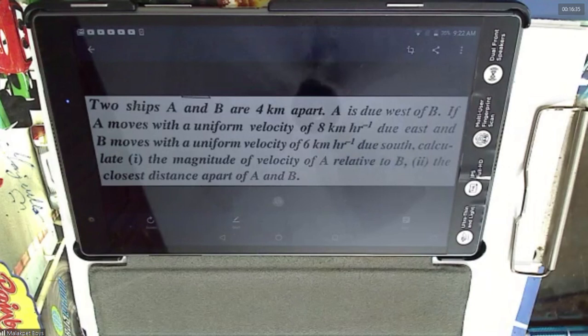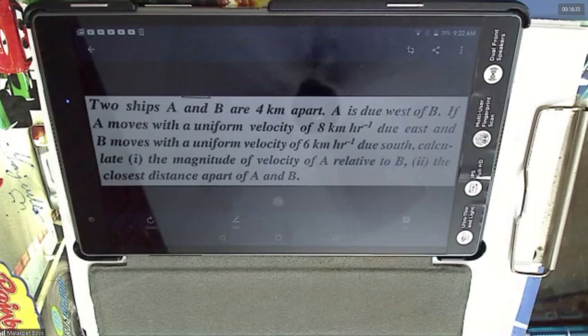A is here. For B is west, it seems. So this is the west for B now. And they are 4 kilometers apart as per the question. This is at t equals to 0. These are the locations.